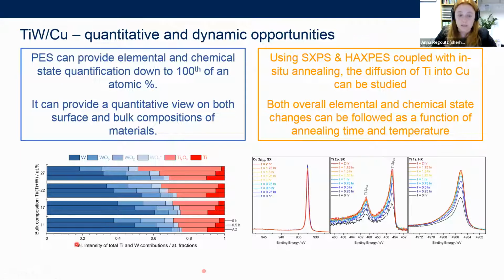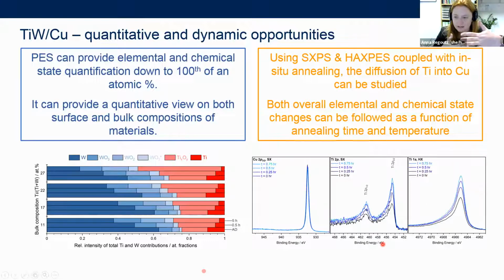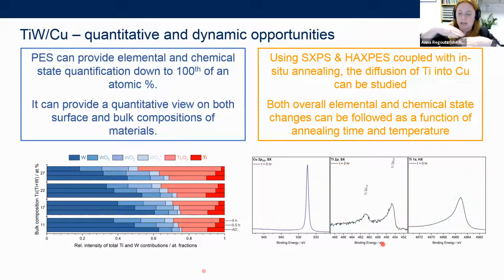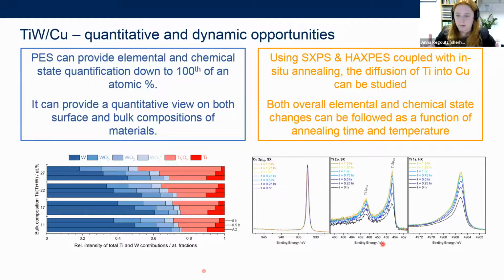So it gives you a quantitative picture, but also for the annealing study in this case, and this is what you see on the right-hand side, and I hope you can see the GIF working, we can study things dynamically in situ. So this is an in situ experiment where we take a device stack and we heat it up to 400 degrees Celsius, and we follow over time the diffusion of titanium into copper.